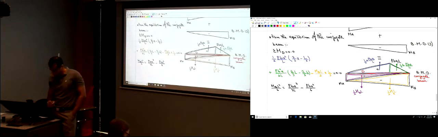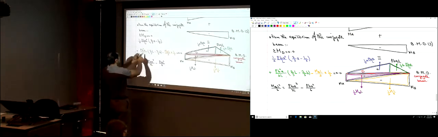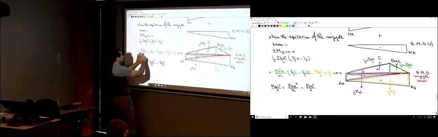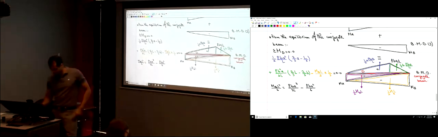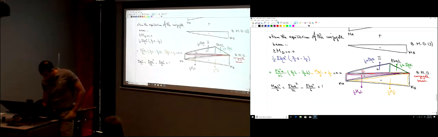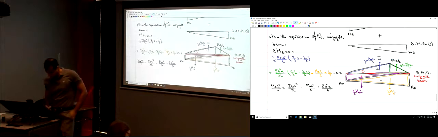Okay? And then here, having this term here, the L cancels with the L, the 2 cancels with the 2, so we have this point here. Plus P B squared A divided by 6.